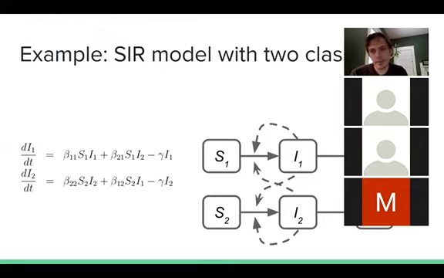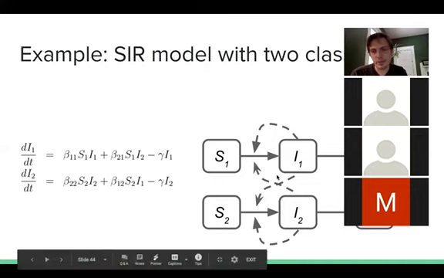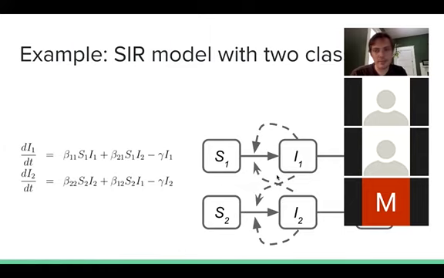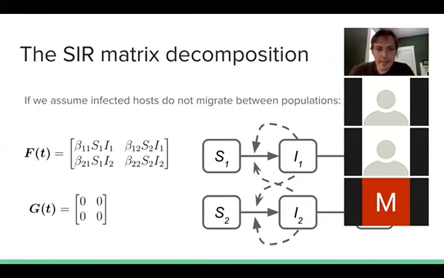Here again, we have transmission both within a particular population as well as transmission across populations too. So lineages can move back and forth between different populations by individuals transmitting between these different populations. So we can look at the F and G matrices for this particular SIR model.